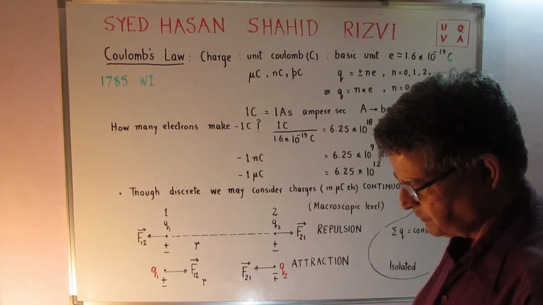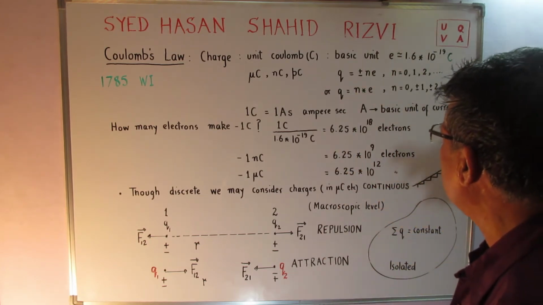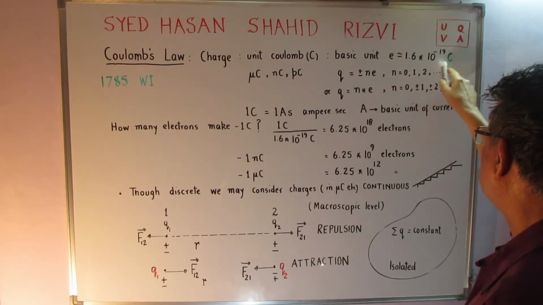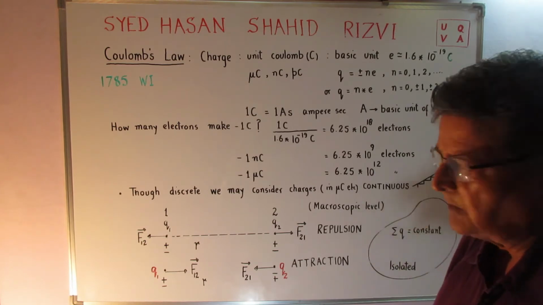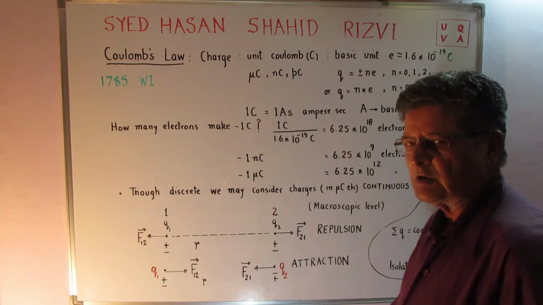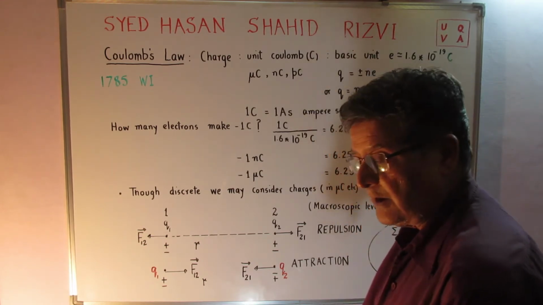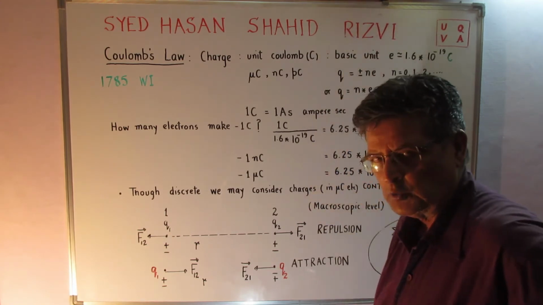Whether plus e or minus e, minus e is the basic charge of an electron, and plus e is the basic charge of a proton. But remember, the electron was discovered in 1897, the proton later, and the neutron in 1932.